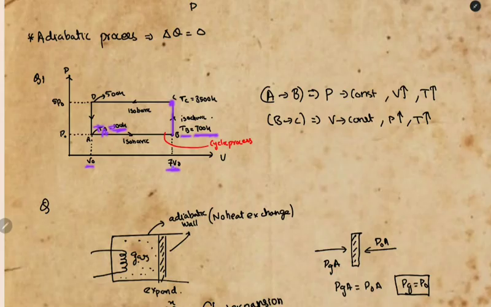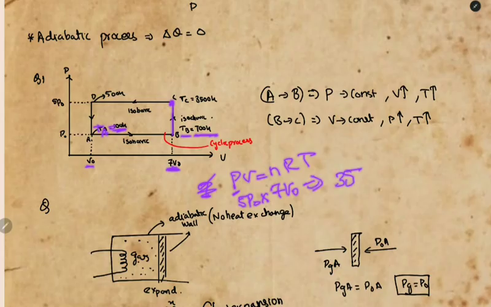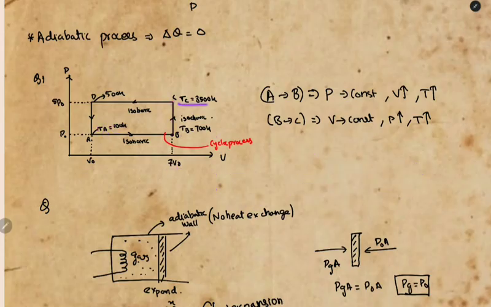Why is it so? Because PV equal to nRT is the formula, right? P is given as 5P0 and V is given as 7V0, which gives you a total of 35. 35 multiplied by 100 will be 3500 Kelvin.